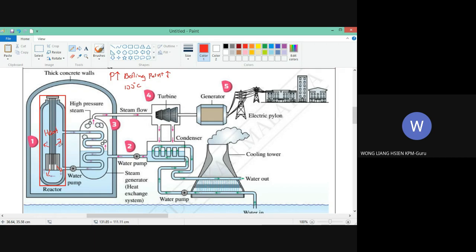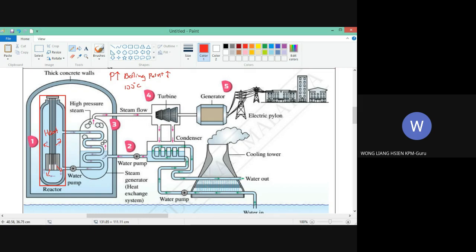That means the unstable nuclei in this water will make the water radioactive. When the unstable nucleus decays, it will release radiation. So that's why we don't want this water to come out. Instead, we use this water that goes to the reactor to heat up another water.